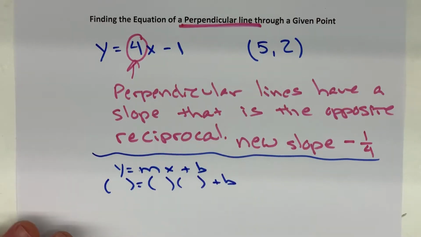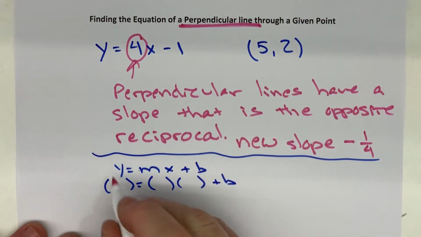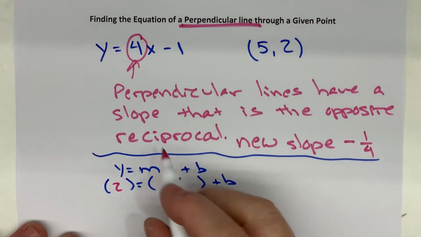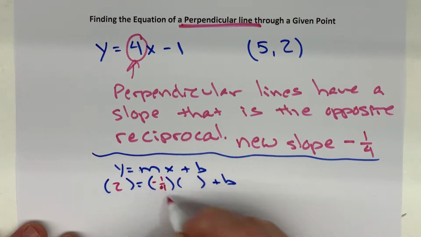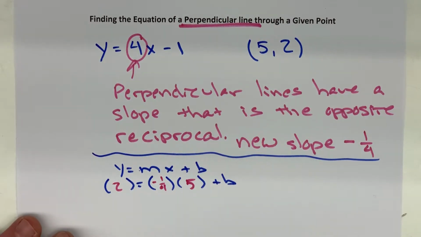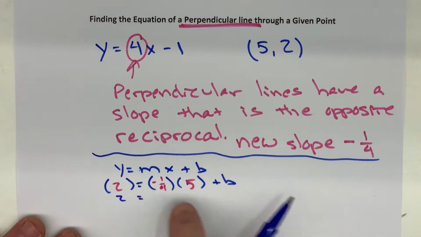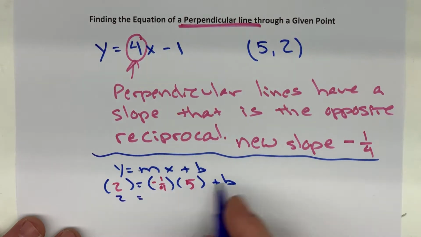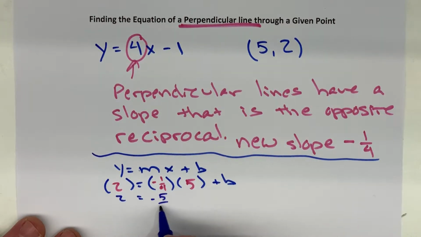I'll plug in what I have here. My y is 2, my m is negative 1 over 4, my x is 5. So 2 equals negative 1 over 4 times 5, which is negative 5 over 4, plus b.